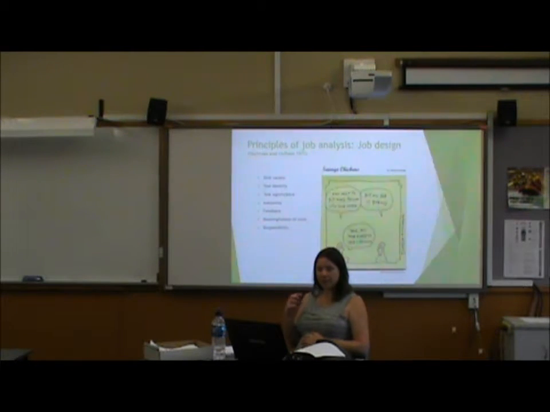So there are some key principles when it comes to job design. These were initially developed by Hackman and Oldham in 1975, around the 1970s, 1980s. They came up with these key principles for how we can design jobs to facilitate motivation and job satisfaction.